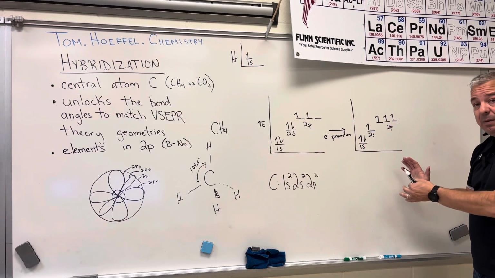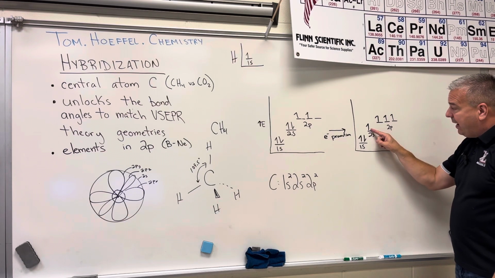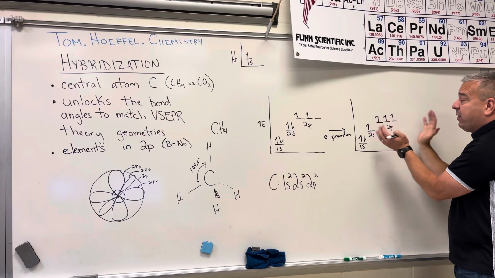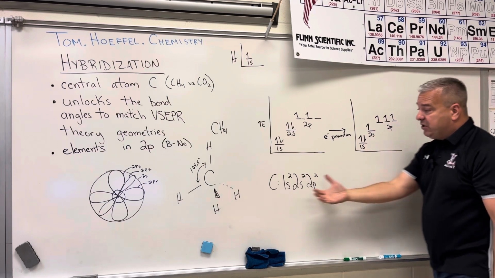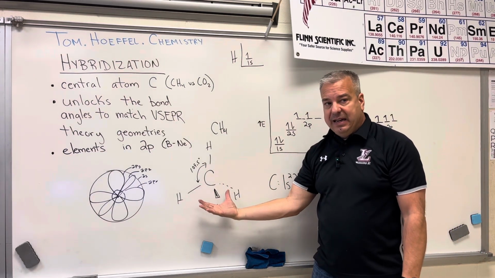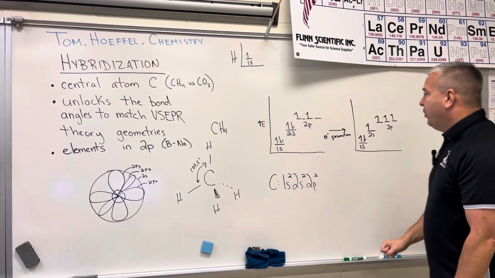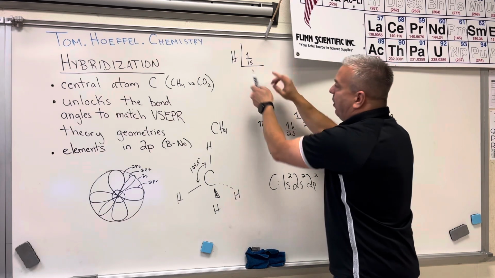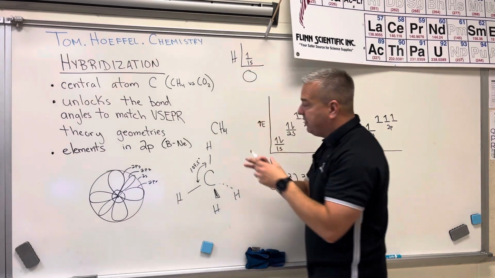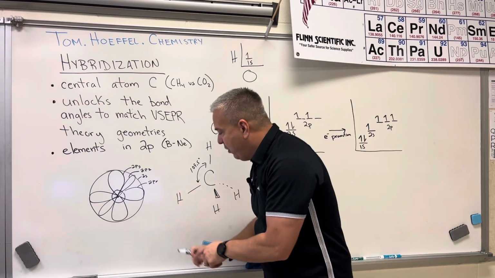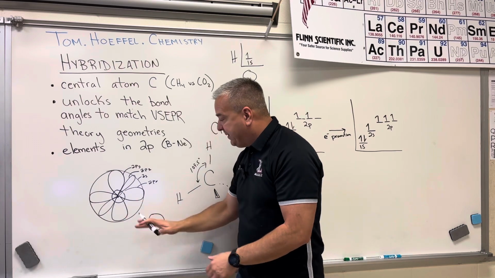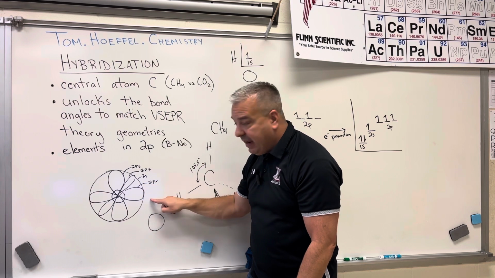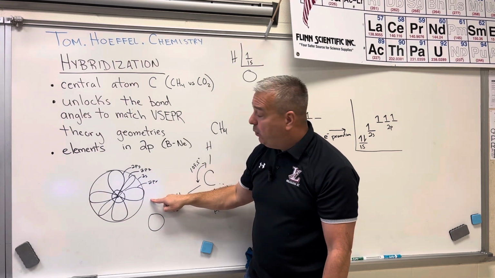Now, the reason why we did that, you can see, I can make a bond here, here, here, and here. I now can make 4 bonds, which is really important if we want to make CH4. The problem, though, is if a hydrogen orbital, which is actually a sphere, comes in here to overlap somewhere, say right here, it's actually overlapping 2 orbitals.